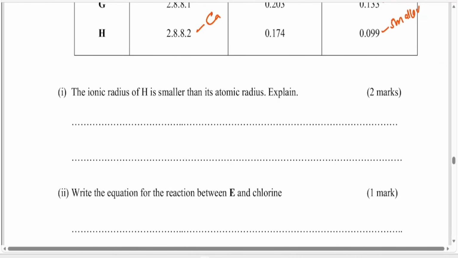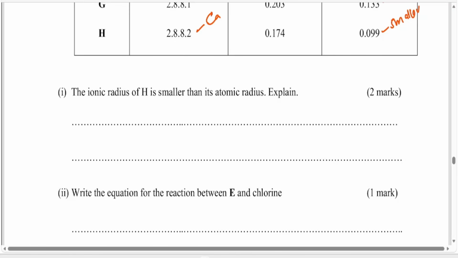Explain. So why do metals have a smaller ionic radius than their atomic radius? What happens? Metals ionize by losing electrons. And when they lose electrons, there is an increased nuclear attraction because of increased nuclear charge.